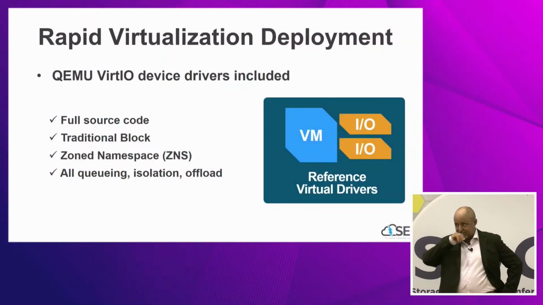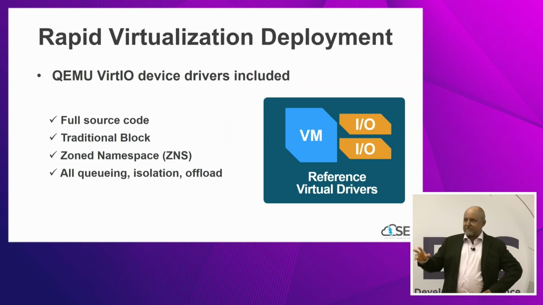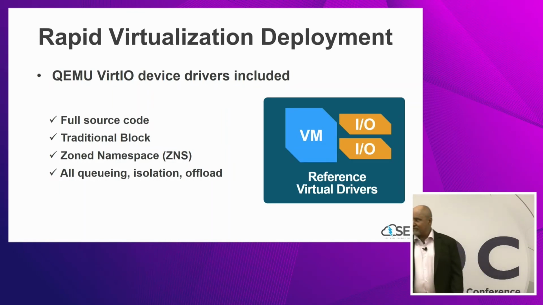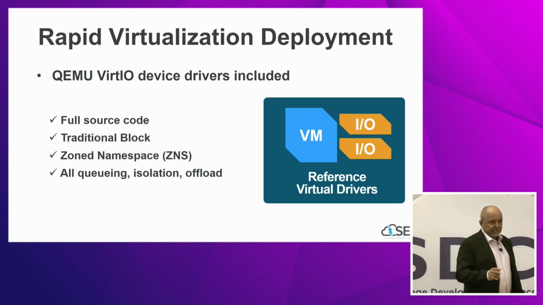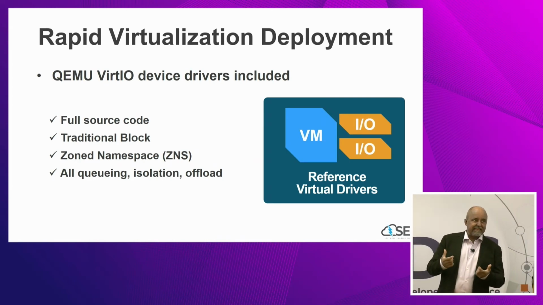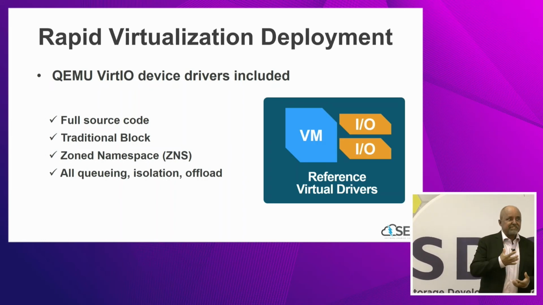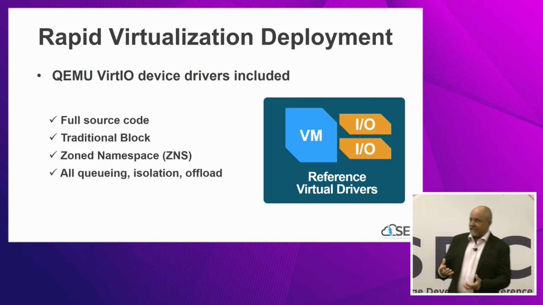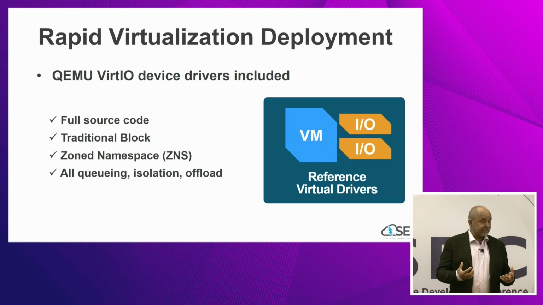I spoke about the QEMU VirtIO drivers, which are neat at an abstract level, but they're also really powerful because you can run workloads today on a software-enabled flash drive with no changes, because QEMU, the virtualization layer, the hypervisor, will actually implement the software-enabled flash primitives to make it work on the drive.